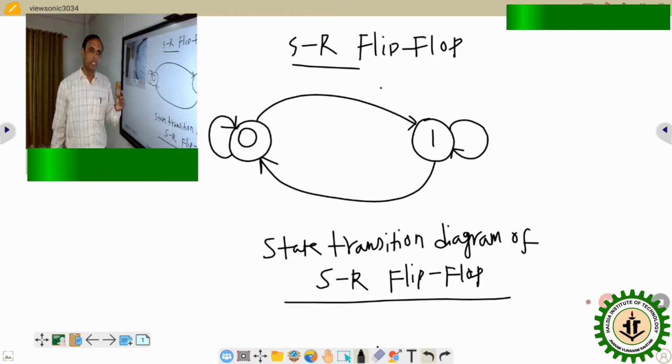Say from 0 current state to 0 next state, 0 current state to 1 next state, 1 current state to 0 next state, 1 current state to 1 next state. In which value of S and R we are getting this state transition, that we can know from a table. That table is known as the excitation table.